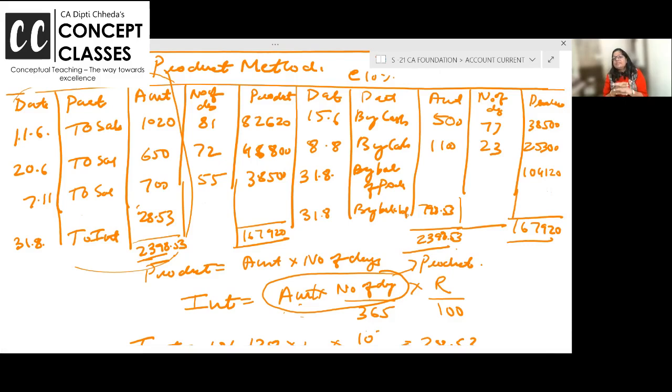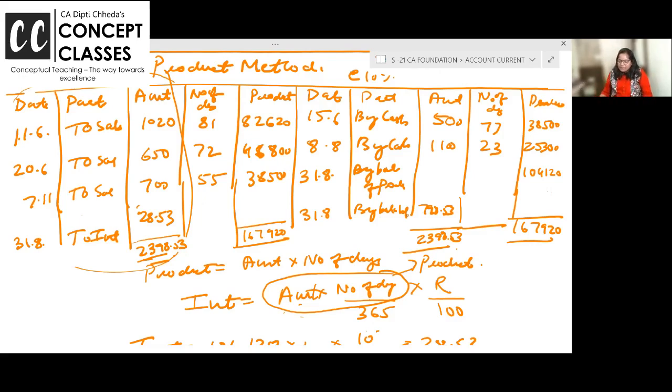Exactly 6 to 7 minutes I took. Make the ledger, calculate the number of days. And no, some of you are saying the product method is easy. No, you don't have a choice. They will say in the exam whether you have to do the product method or the interest method. If nothing is given, you have to do the product method only. That is the maximum in your study materials.